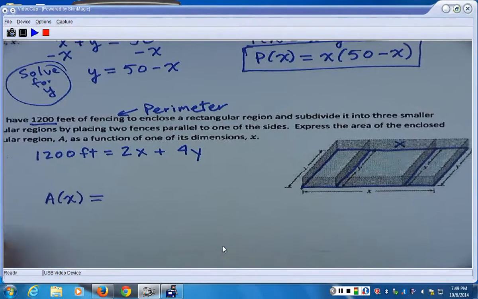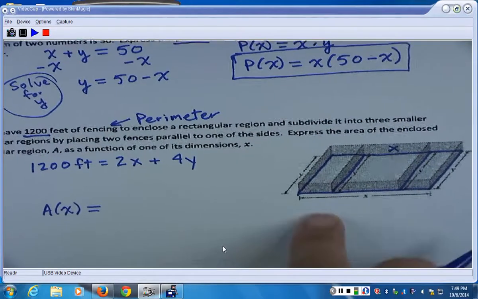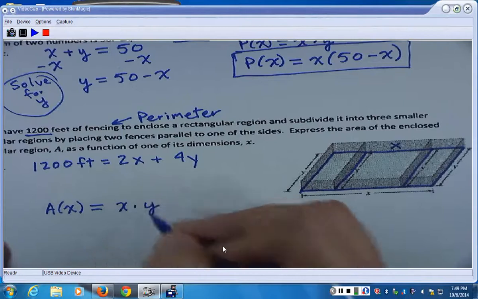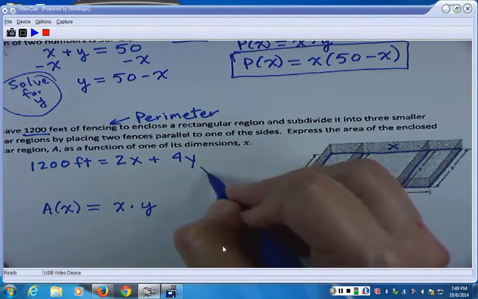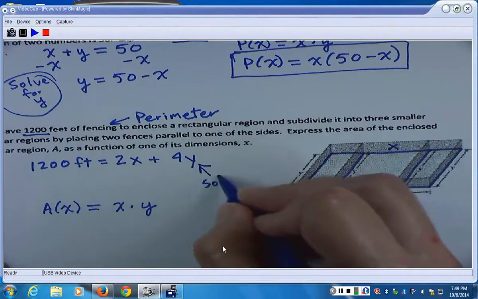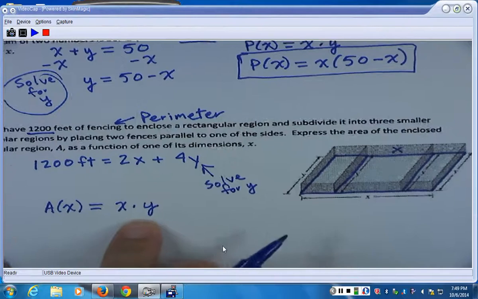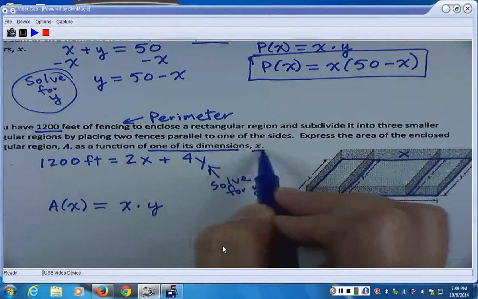And originally, what is the area of a rectangle? Just the length times the width. So it's x times y. But they want it just in terms of x. So you're going to solve this equation for y, and substitute back here, to get it only in terms of one of its dimensions, x.